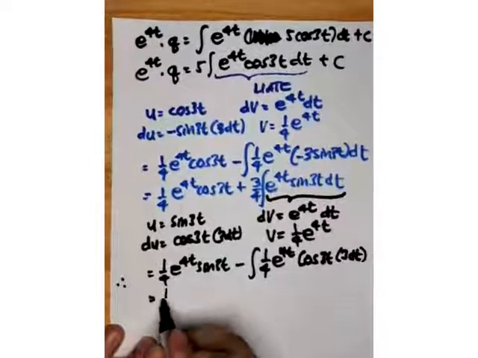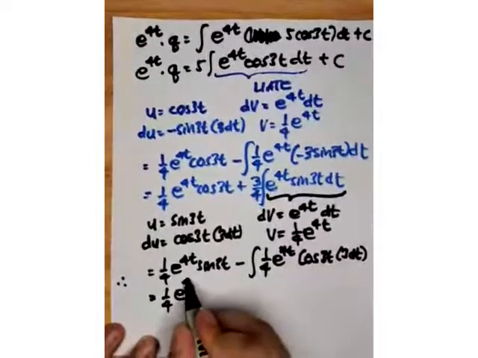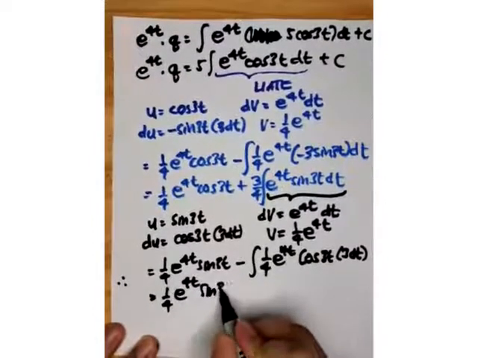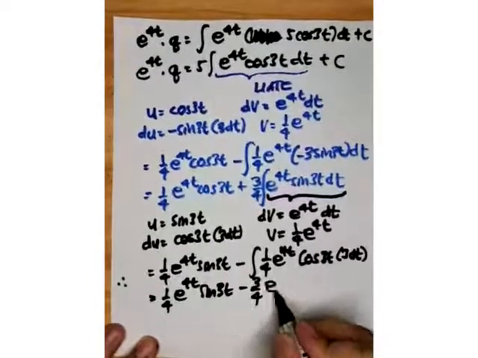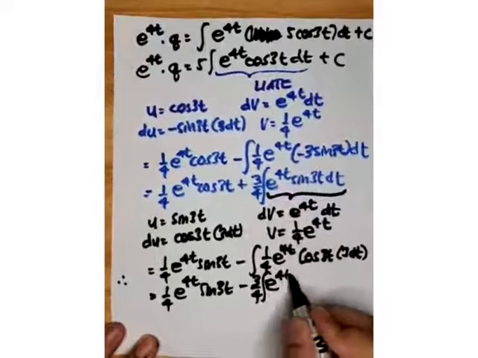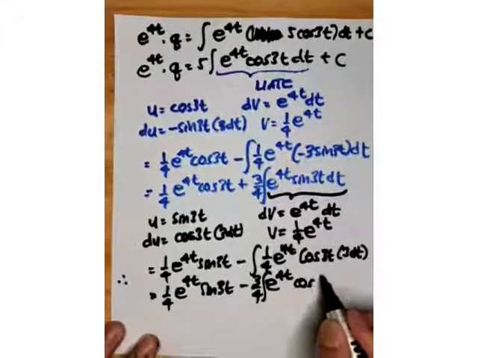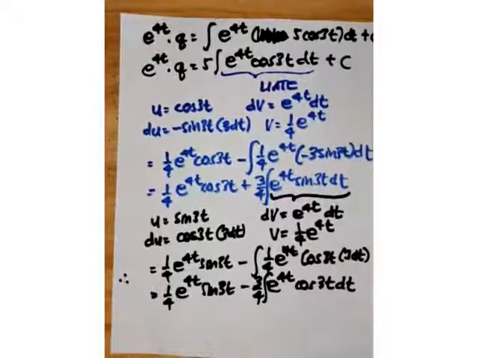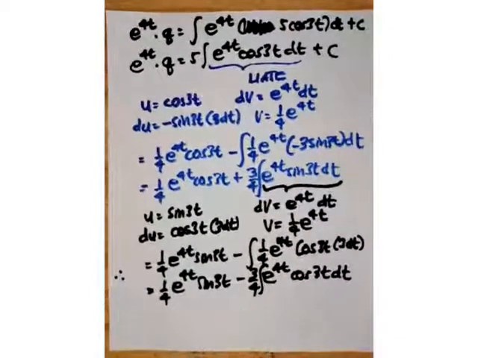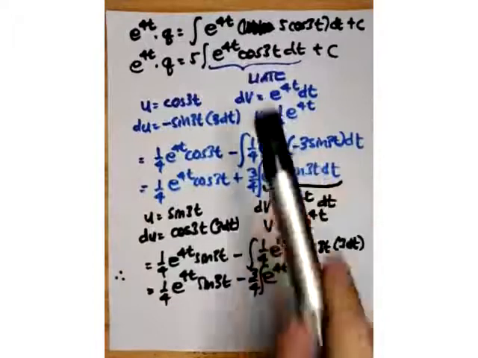So we simplify. That's 1/4 e raised to 4t sine 3t minus 3/4 the integral of e raised to 4t cosine 3t dt. Okay, class, it went back to its original form.